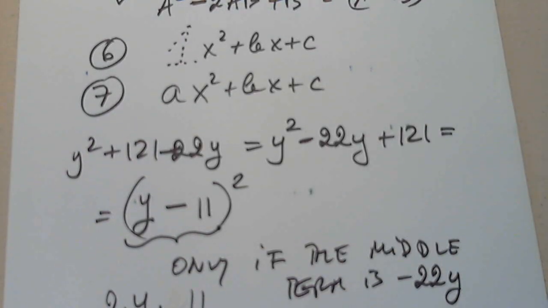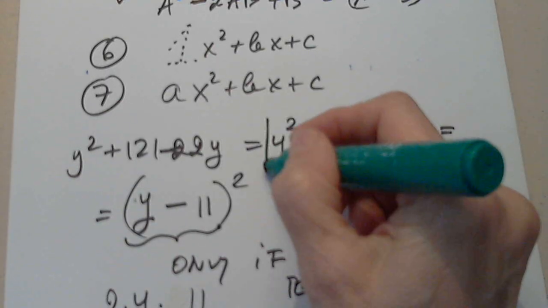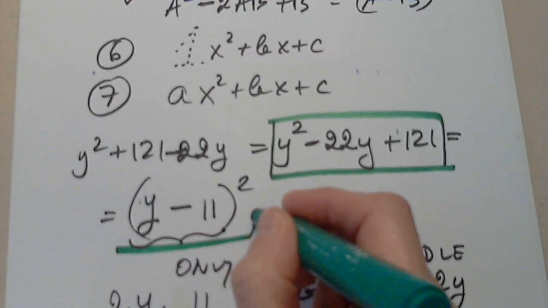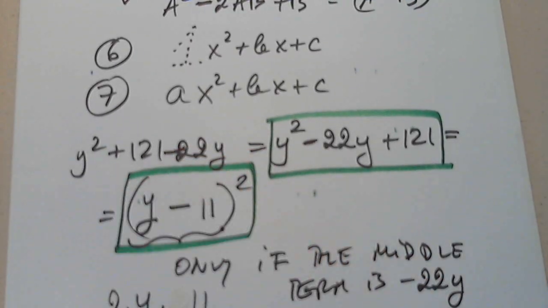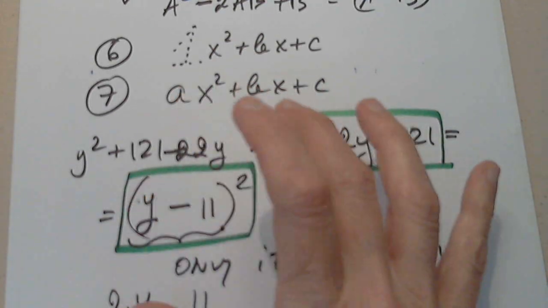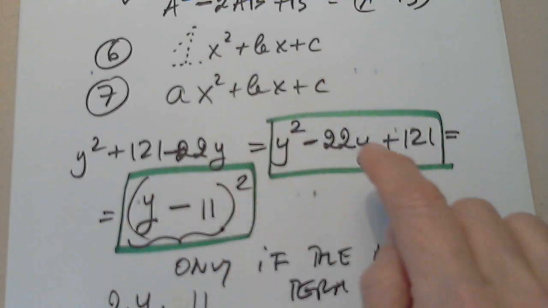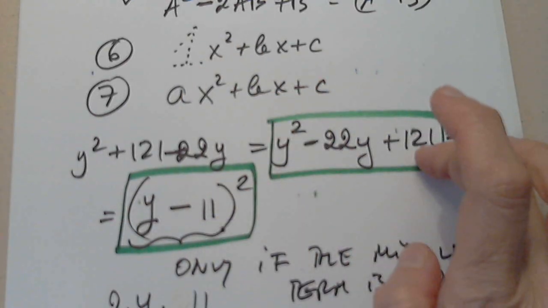Therefore, I can confidently say this trinomial can be factored as y minus 11 everything squared. It takes 5 seconds to verify using the formula from last time: the first term squared minus 2 times the first times the second plus the second term squared.